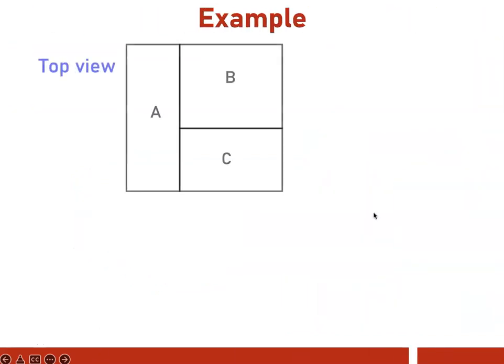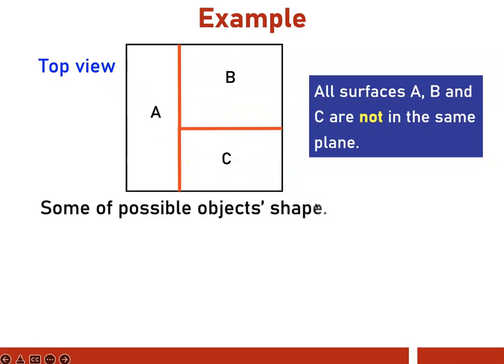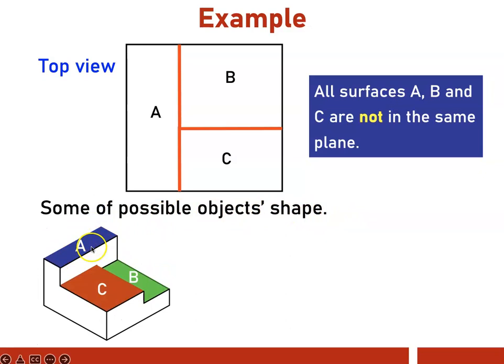Okay, so this is the top view that we have. All surfaces A, B, and C are not in the same plane, because of this visible line we know that they are not in the same plane. Some of the possible object shapes can be like this. This is a flat plane, flat plane, flat plane.